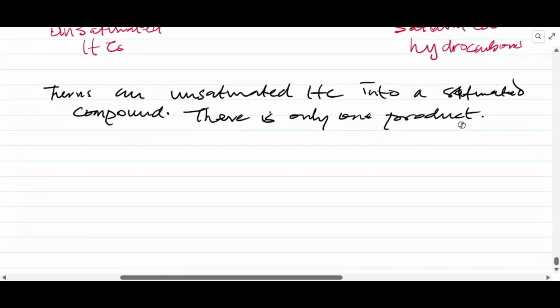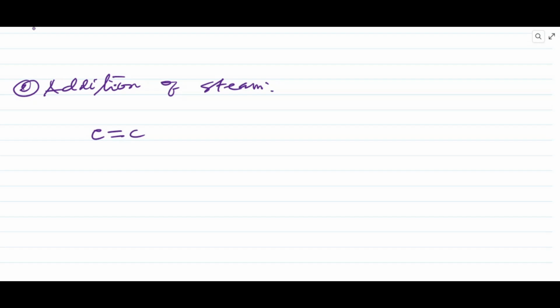The first one here is addition of hydrogen. The next one that we want to look at is addition of steam. Steam means water in vapor form, that is water in gaseous form. So, this is our ethene. We are still using ethene. So ethene can undergo addition reaction. Ethene is what?